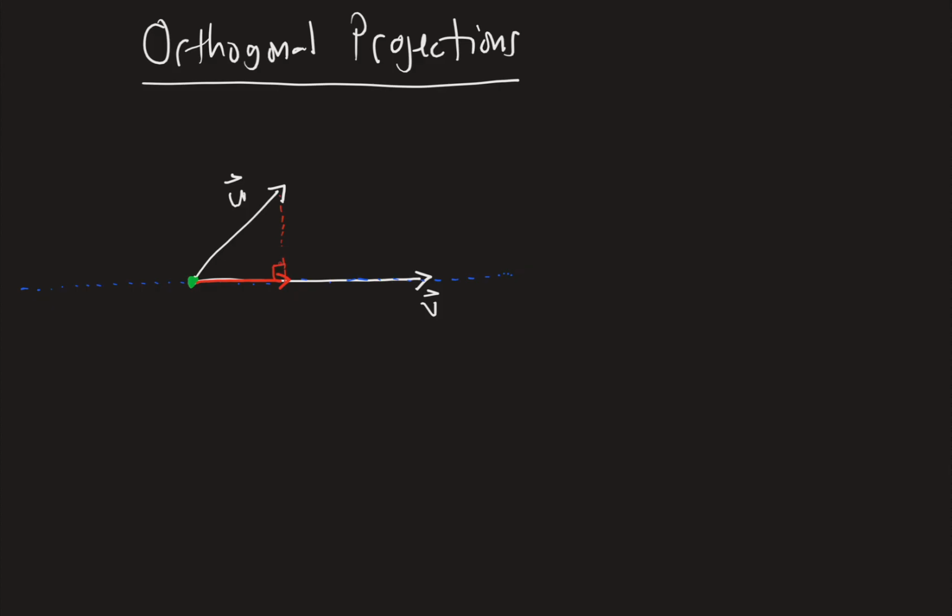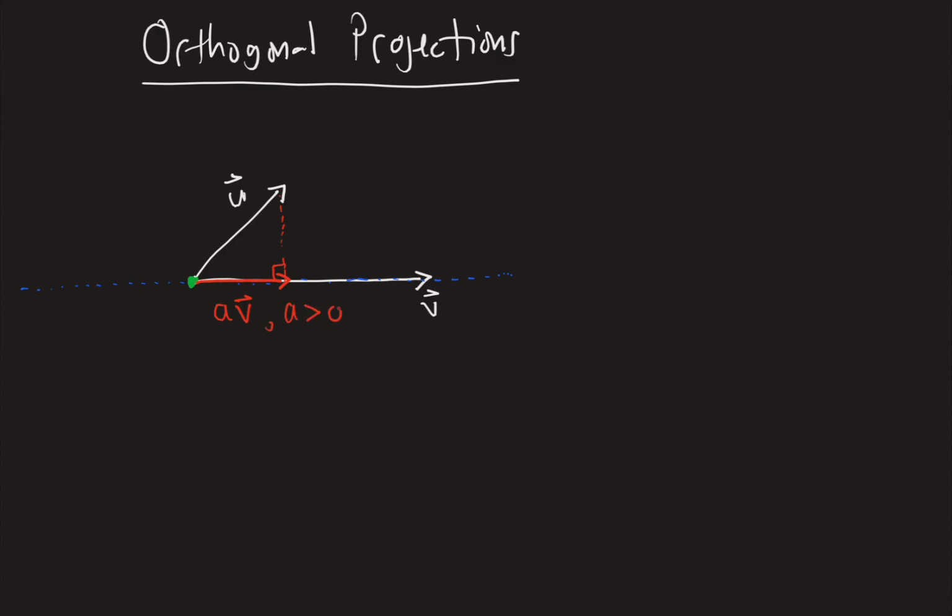So it's this red vector that we're looking at, and the only thing that this picture implies is that the red vector is a scalar multiple of my original vector v, right? So we're given u and v, and we have to figure out this red vector. The other thing that's implied is that a is positive.